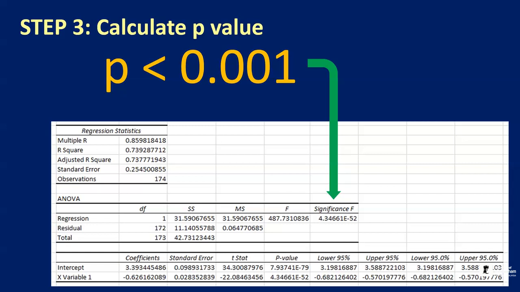So what that really means is 0.000 and so on, with 51 noughts and then the number 4. In other words, this is an extremely small p-value, much less than 0.001, which is typically the lowest threshold that we would ever consider when looking at a p-value.